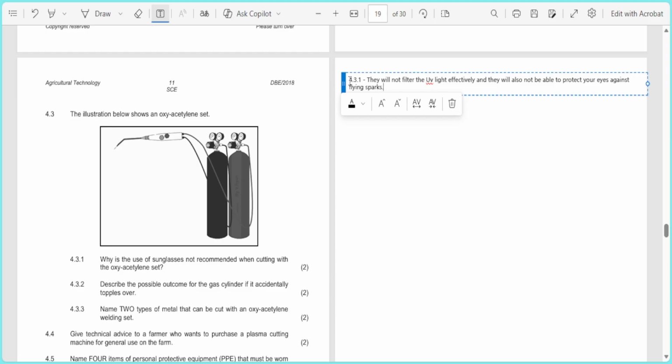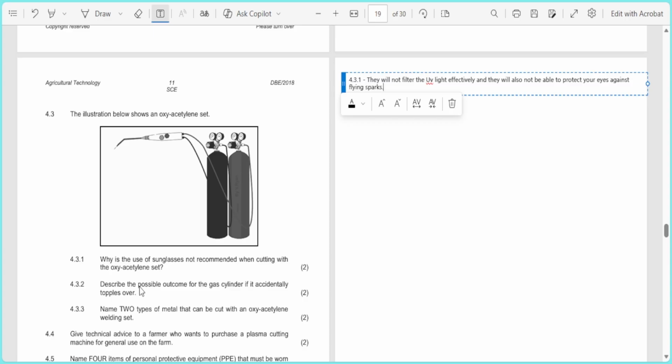Okay, next question, 4.3.2. Describe the possible outcome for the gas cylinder if it accidentally topples over. A falling cylinder can snap off the valve, number one. This will also release the gas at explosive pressure.